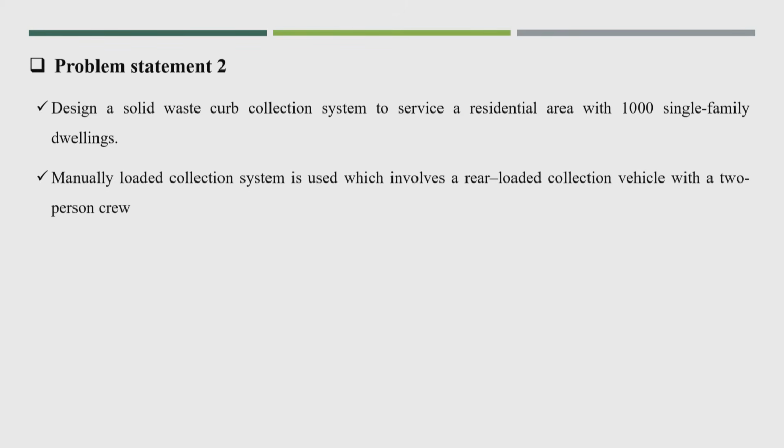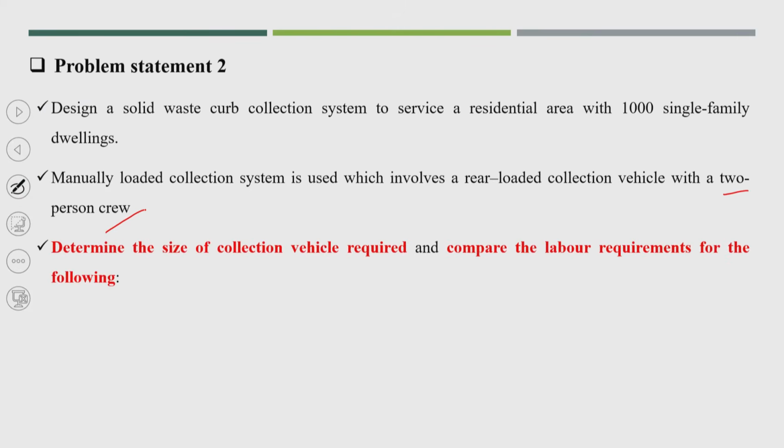Specially here, the option is given only for the 2 person crew, only one option. We have to determine the size of collection vehicle required and compare the labor requirement for the following, ND2 and ND3. These are the two options given. But remember that we have only one choice for the crew, only a 2 person crew.